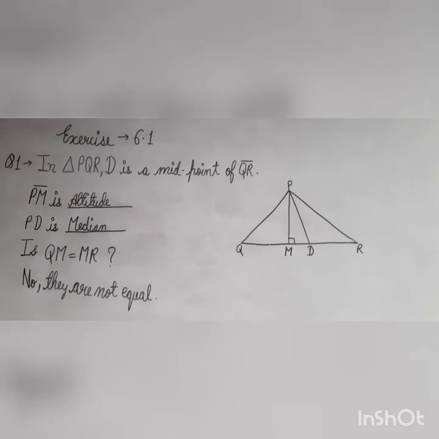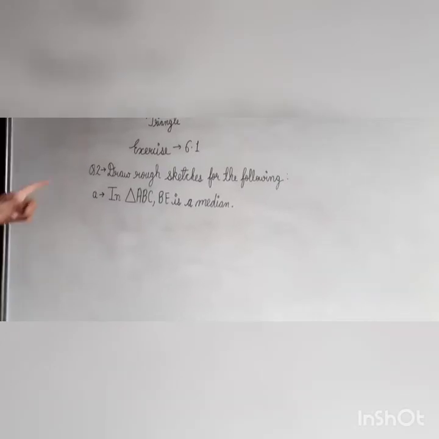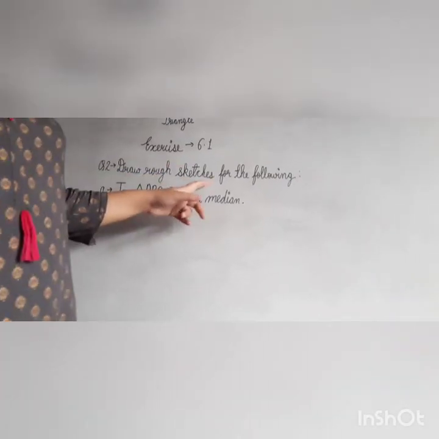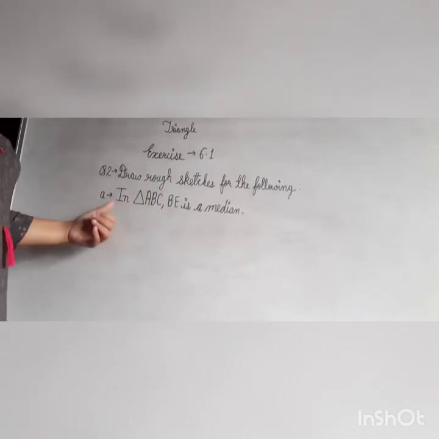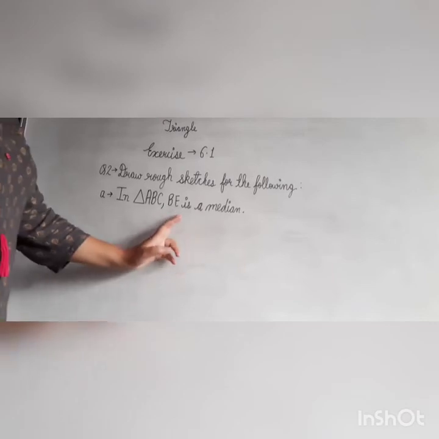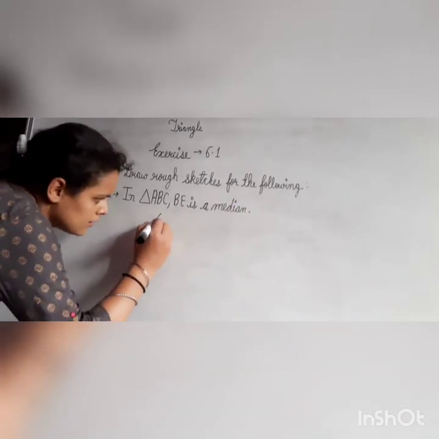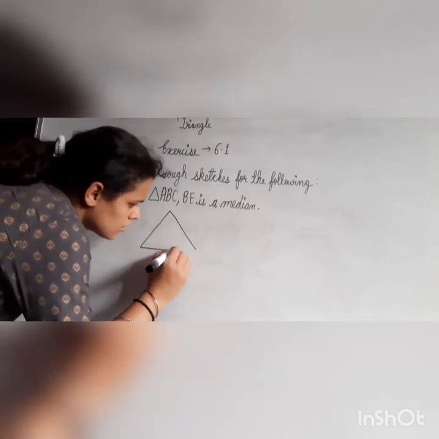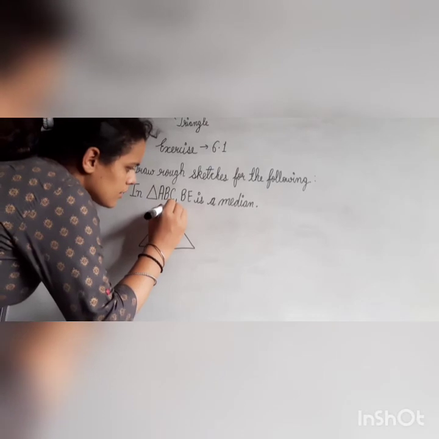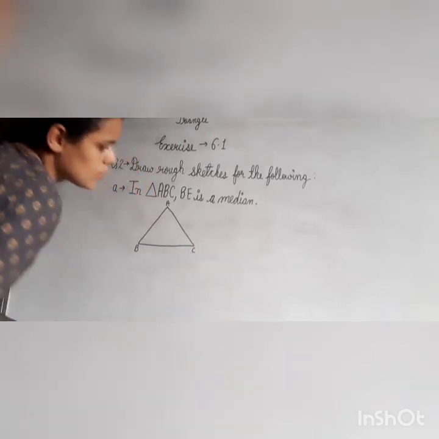Now I will explain question number second. Question second is draw a rough sketch for the following. Part A is, in triangle ABC, BE is the median. You have to draw a triangle ABC.